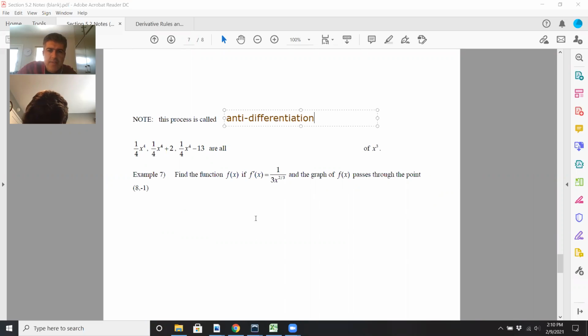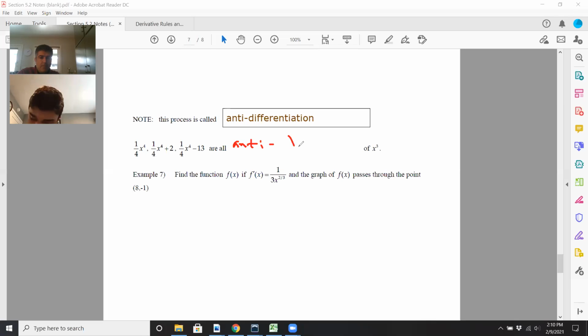So for example, 1/4 x to the 4, 1/4 x to the 4 plus 2, 1/4 x to the 4 minus 3, those are all antiderivatives of x cubed. Because if I took the derivative of those, I would get x cubed. So the antiderivative is the opposite of doing the derivative.